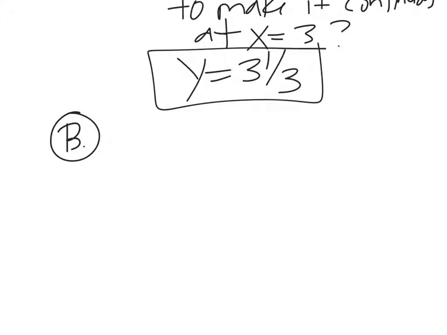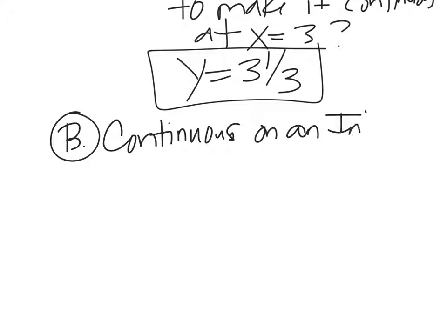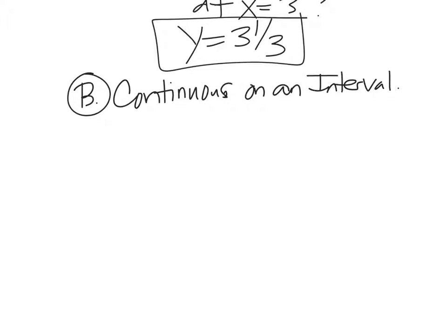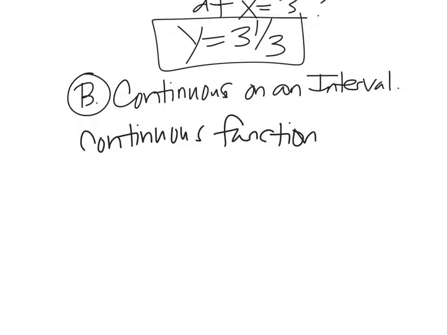Okay, here we go. Continuous on an interval. So what we have here is basically a continuous function. Here's the definition of what a continuous function is. This is where we disagreed a lot.